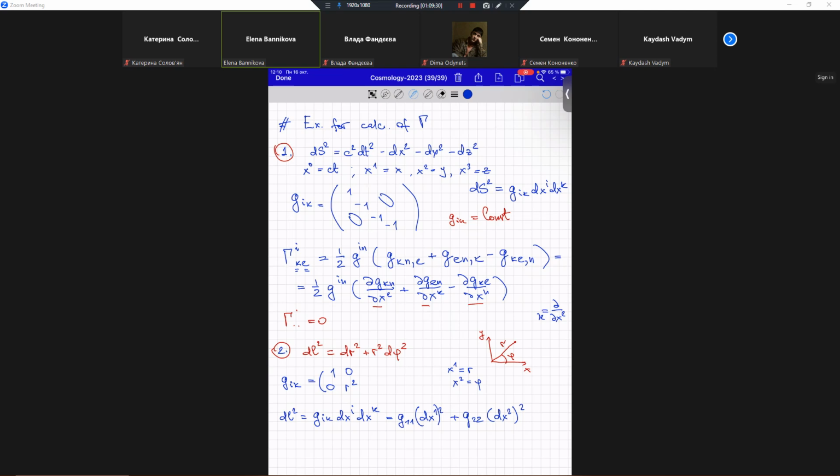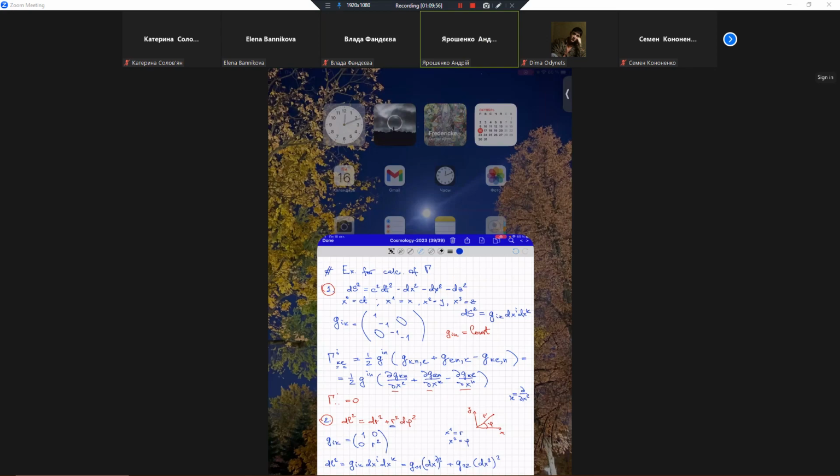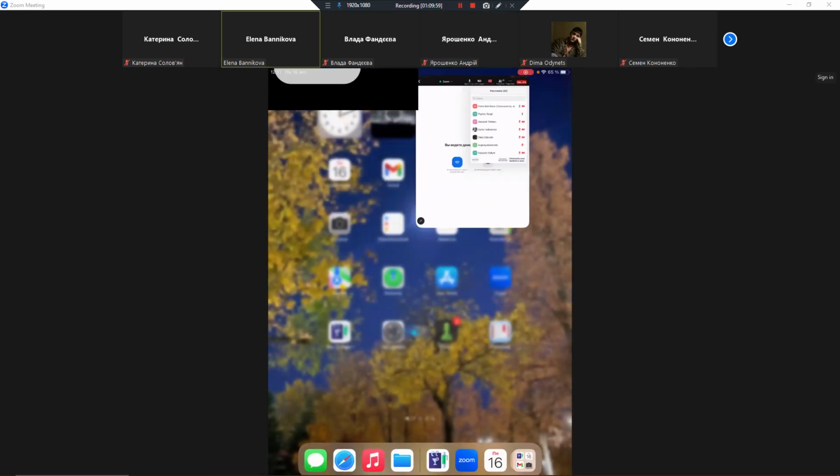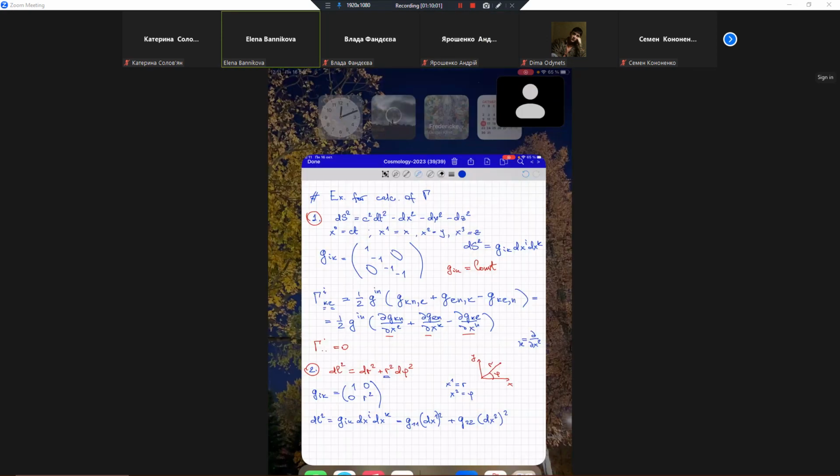Agree? So it means that g_{22} equals r square due to this fact. Is it understandable? Are you here? Yes. Yes, wake up. Now I will ask questions so that you will wake up.